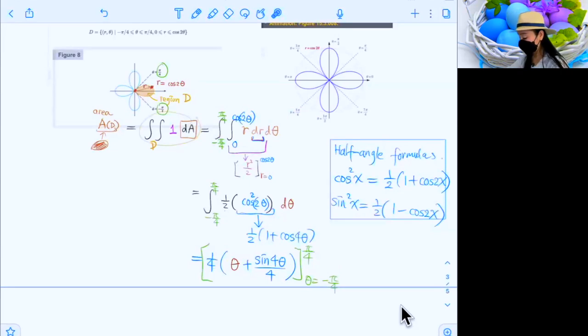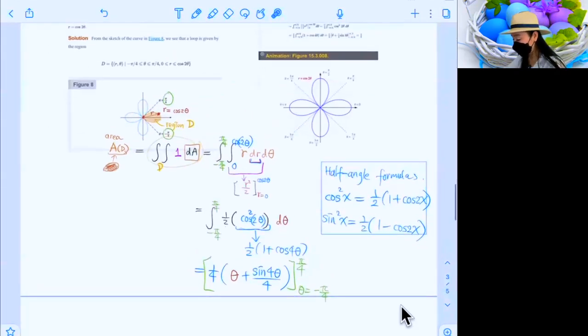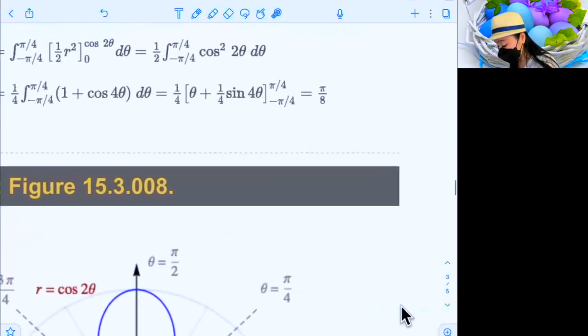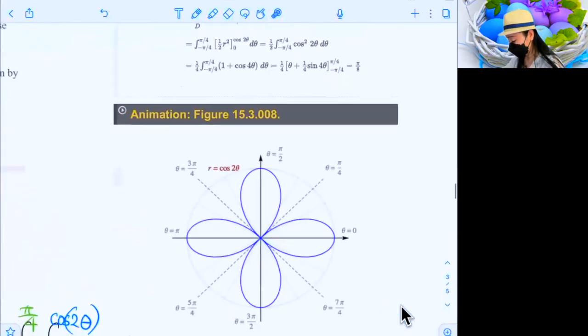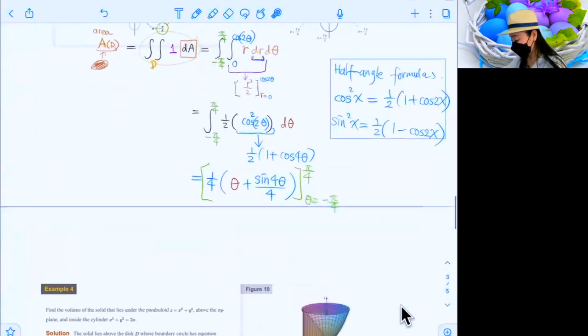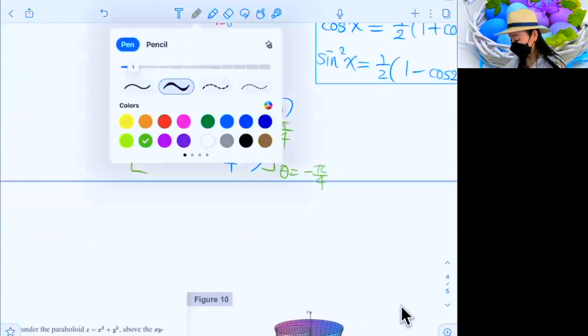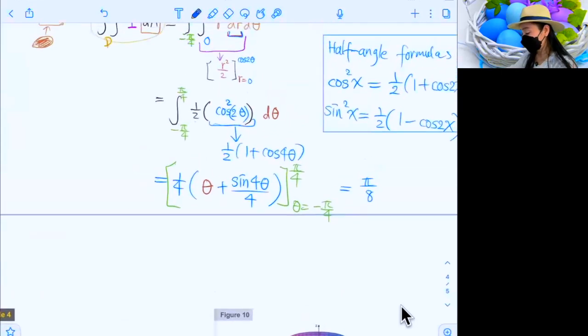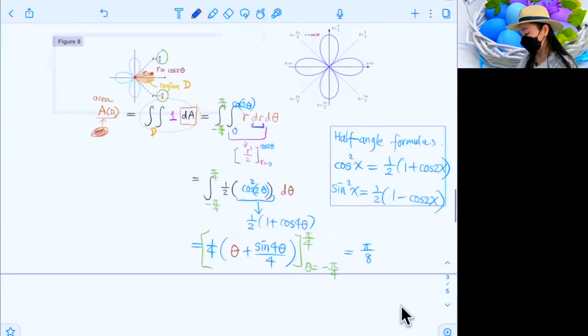But in any case, when you do the calculation, the result here should be pi over 8. So this is the area of the petal. After all this work, we found the area of this petal is pi over 8.